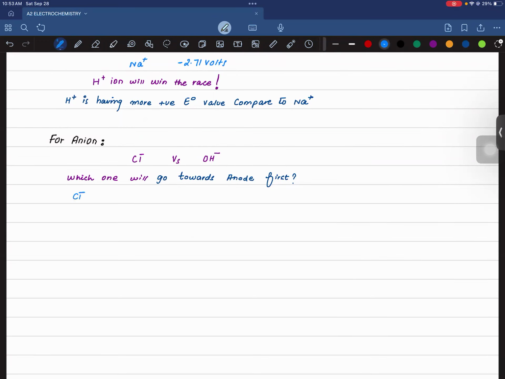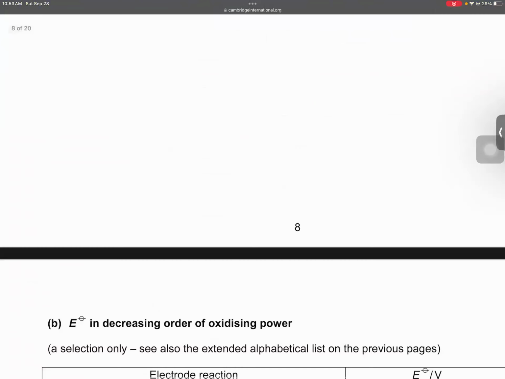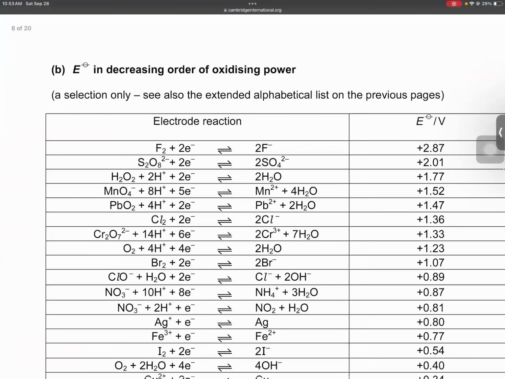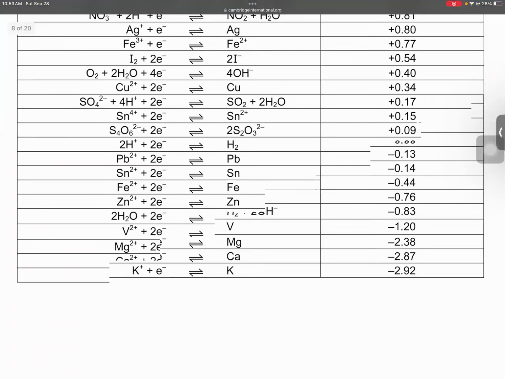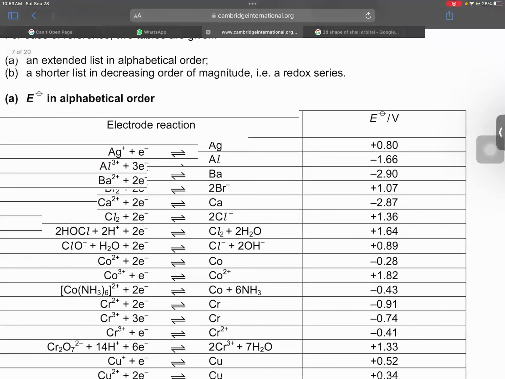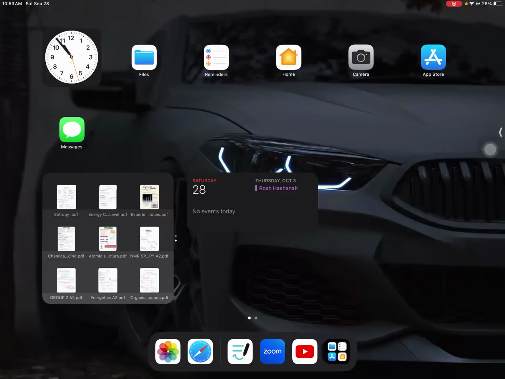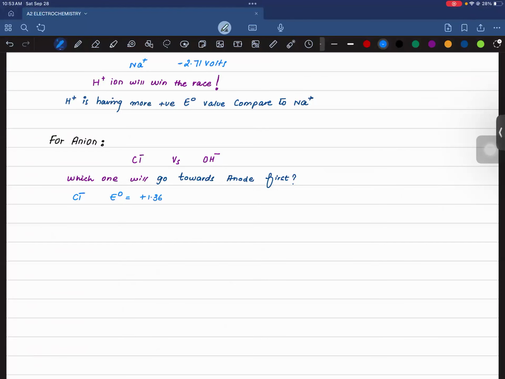Cl minus E naught is equal to, let's see. Yes, you can see in the 6th equation the value is positive 1.36 volts.